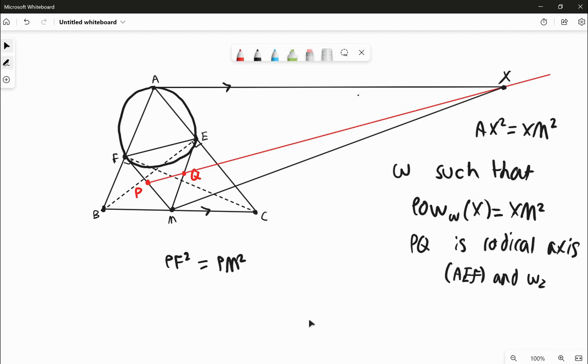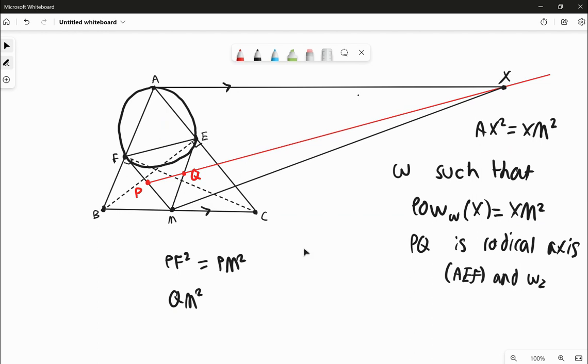And similarly, the power with respect to Q is QM squared. And these must be the powers with respect to this new circle. So we have a PM squared, a QM squared, and an XM squared. And all of these lines can't possibly be tangent to a circle, right, at the same point, M.